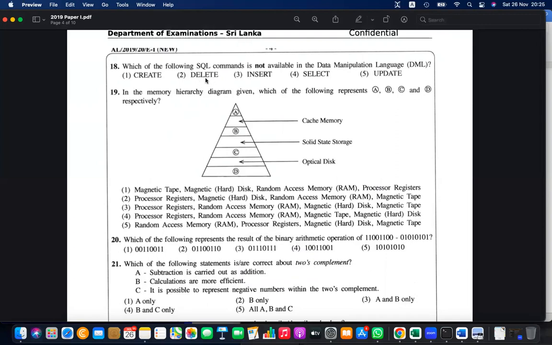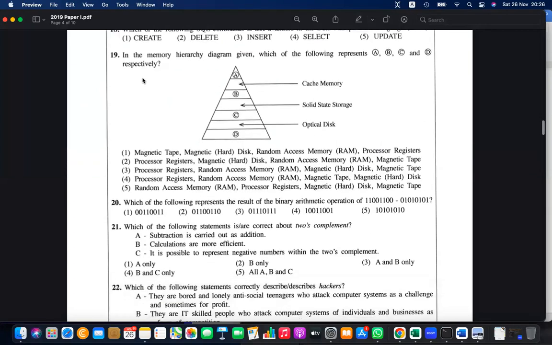Delete happens on data. Insert data, select data, update data. Create is not data, it's the table structure. So create is DDL, data definition. It is not DML, not data manipulation. Correct.